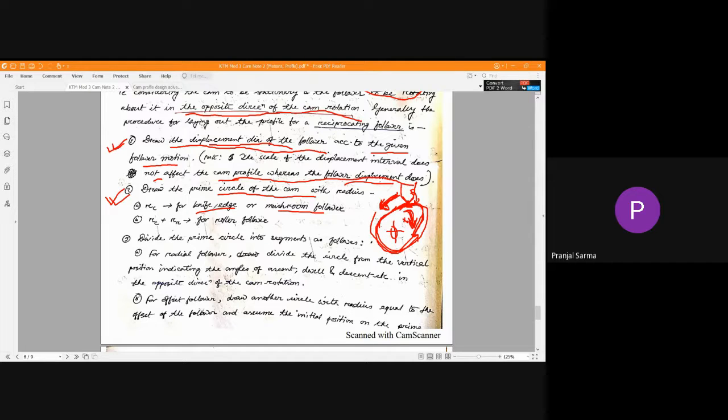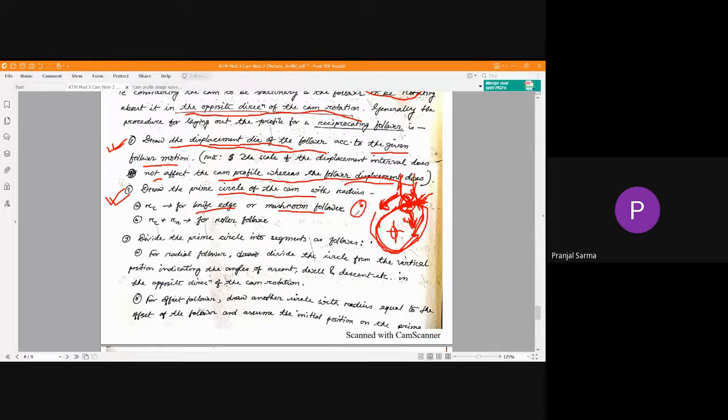Now in case of a knife edge and mushroom type follower, we already know the contact point directly. The contact is made here; the tracing point is exactly at the knife edge. But if it is a roller follower, then the tracing point is at the center of the roller.